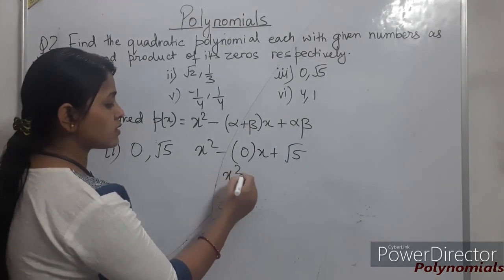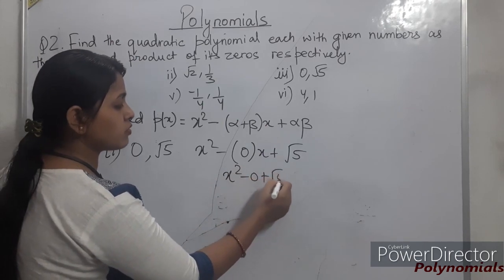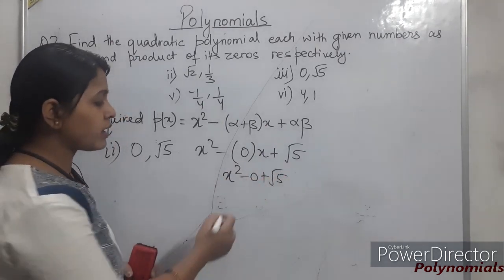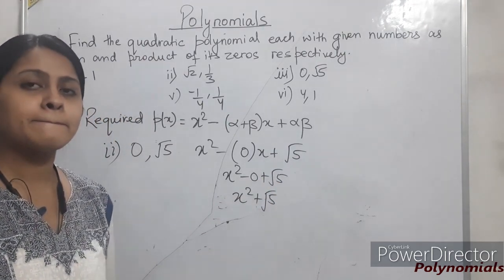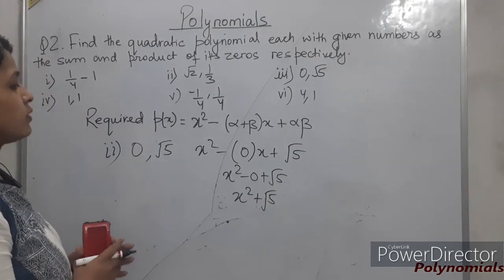So we can write it x square minus 0 plus root 5. हम minus 0 को remove भी कर सकते हैं. x square plus root 5 जो है हमारा required polynomial है, okay.